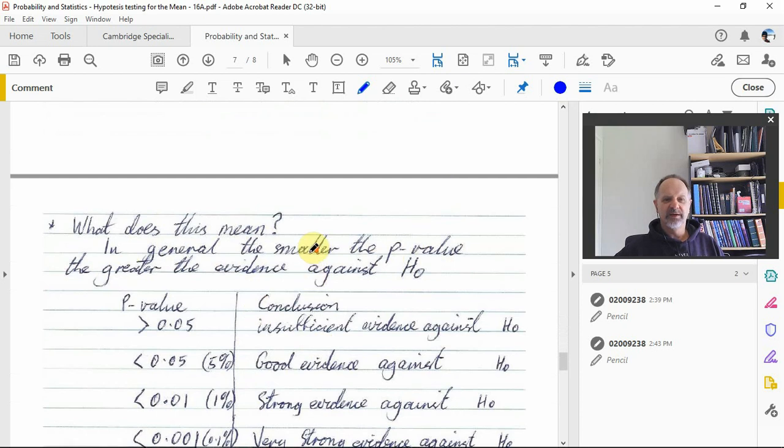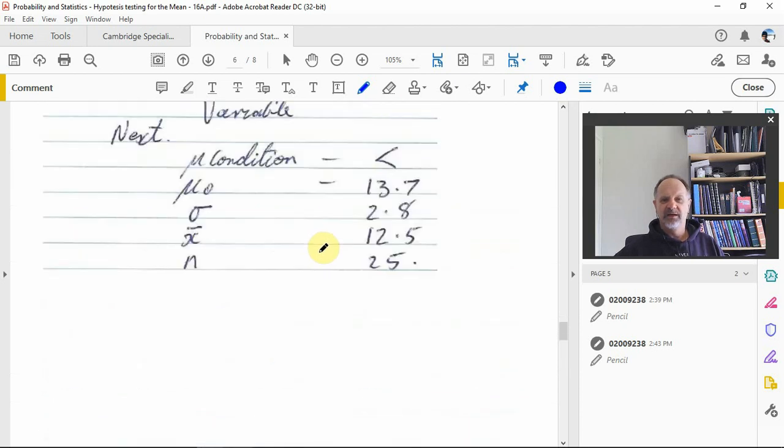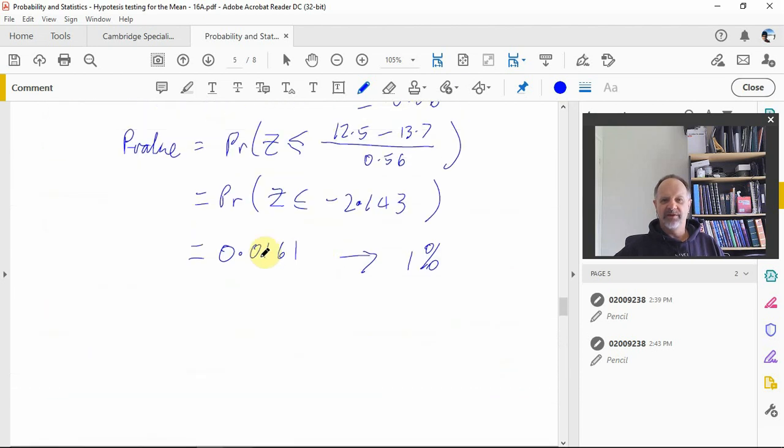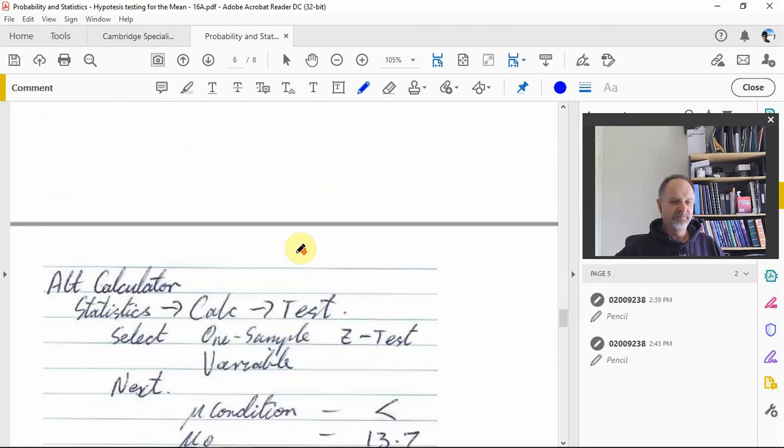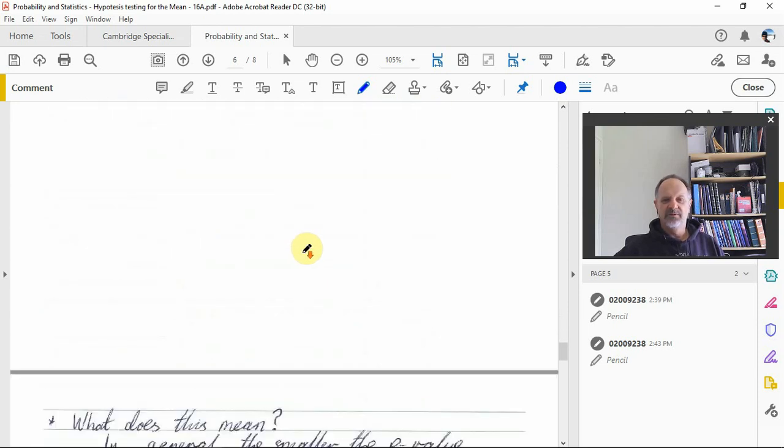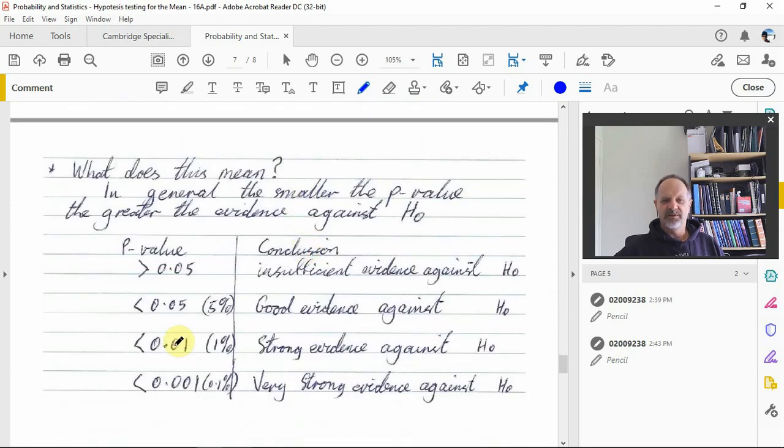What did we have? We had 0.01. So I'm saying strong evidence against. Well, actually, it's between those, isn't it? So good evidence against.